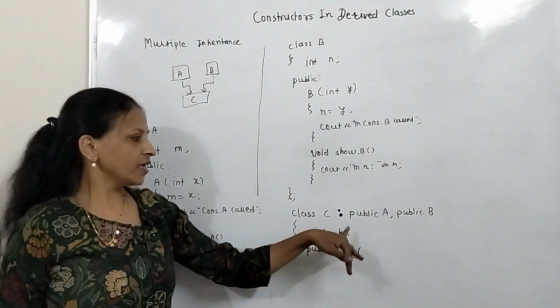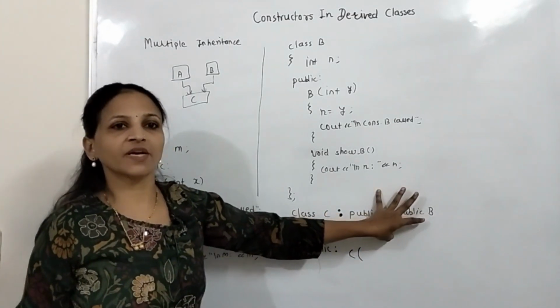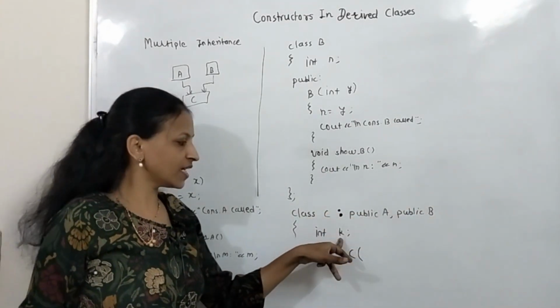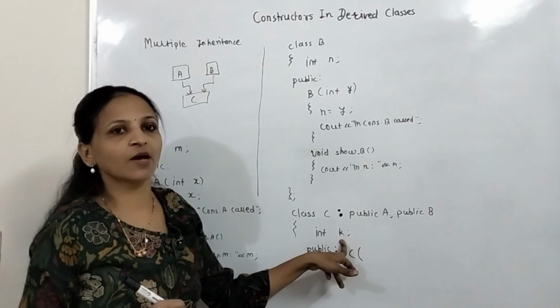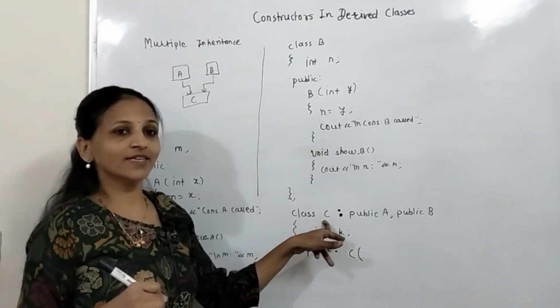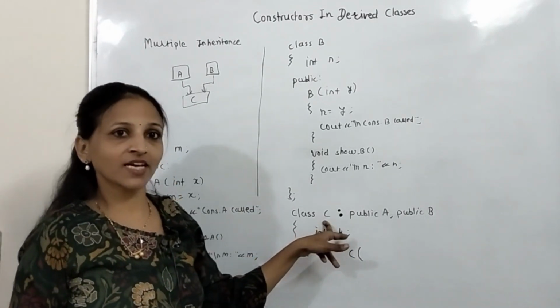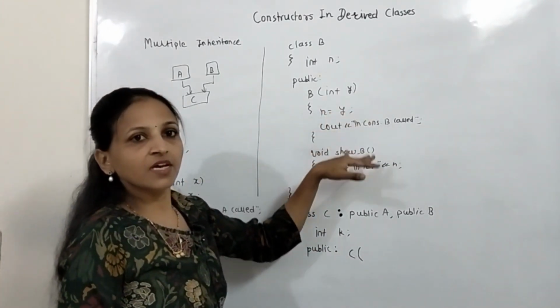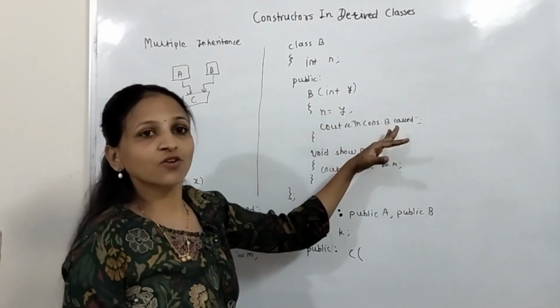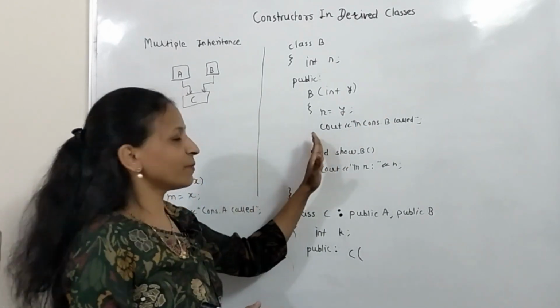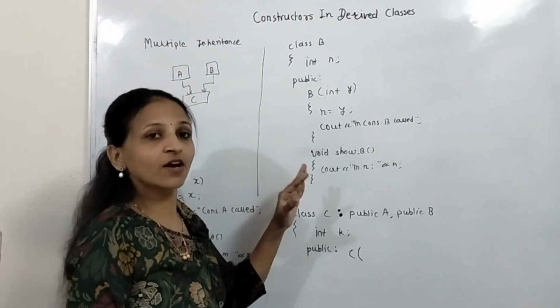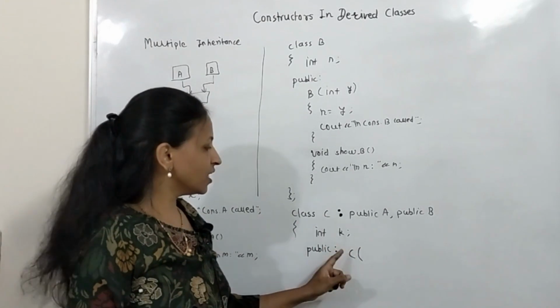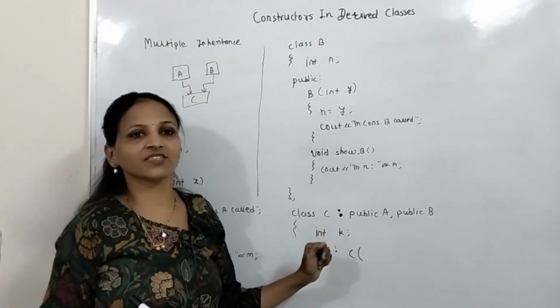Now if this class C were a normal class, then we would pass only a single argument to initialize the k data member. But this is not a normal class, this is a derived class. It has all the functionalities of A as well as B. And these base classes both have their parameterized constructors. Those we have to call explicitly through this derived class constructor.